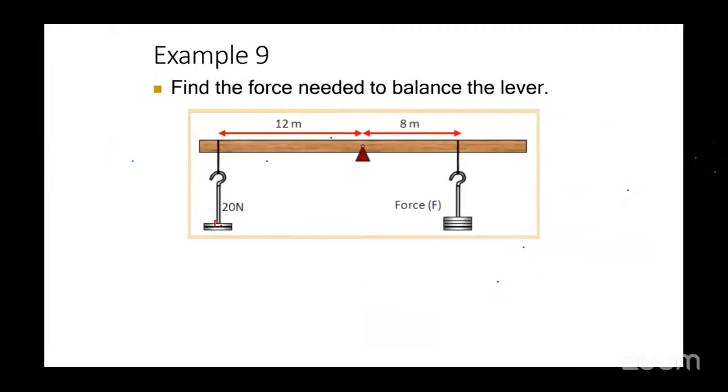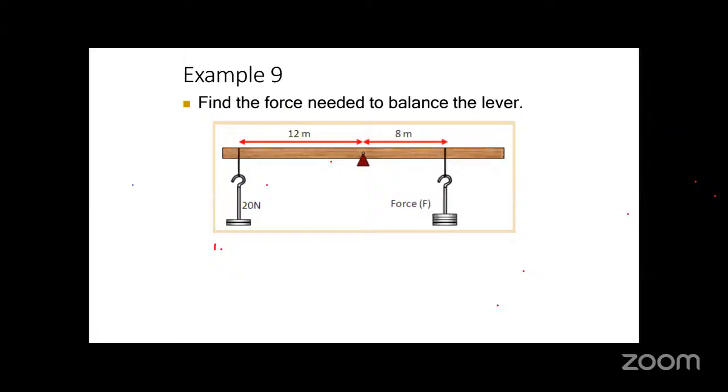So here is another example. It says, find the force needed to balance the lever. So here we are given, remember that clockwise moment is equal to anti-clockwise moment. So this is anti-clockwise moment. Here, we have clockwise moment.